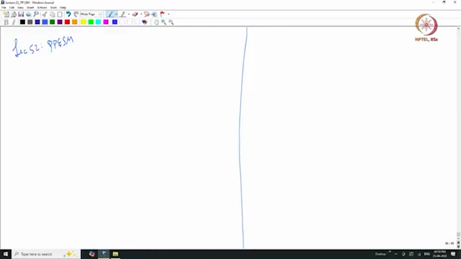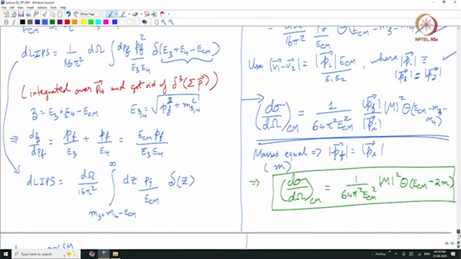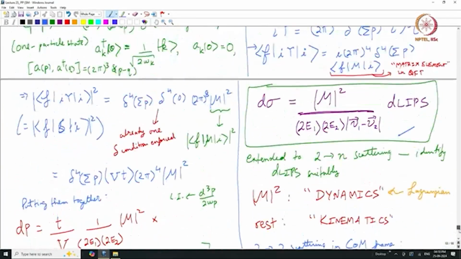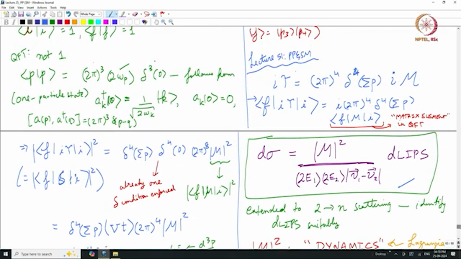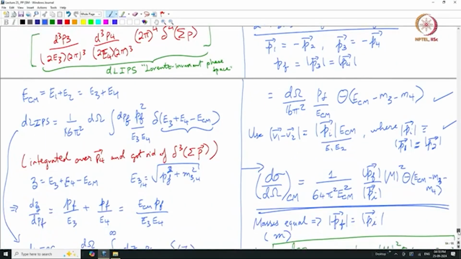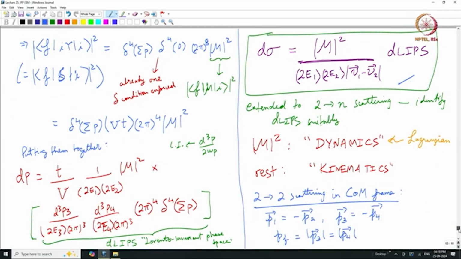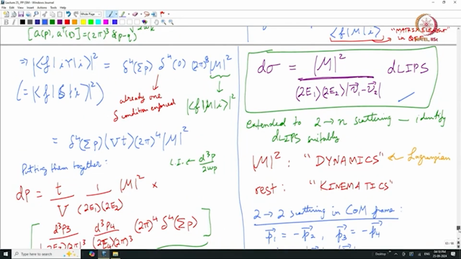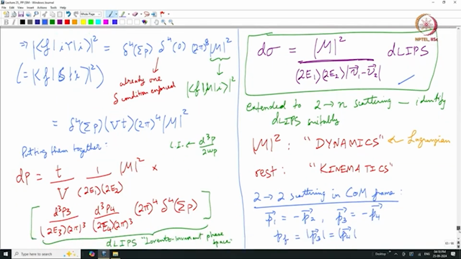This is lecture 52, and in the last class we finally finished deriving our master formula for the cross section. We took the transition amplitude, identified the matrix element in that, and worked out what this Lorentz invariant phase space was that was sitting in the expression for the probability for the incident particle to scatter.